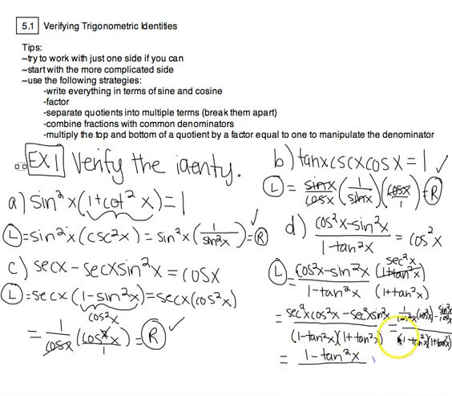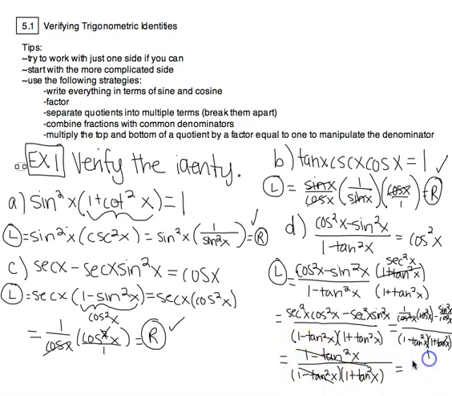So that top, when I multiplied by the secant squared, actually gave me 1 minus tangent squared, which is extremely helpful because that cancels with the 1 minus tangent squared that's in my denominator. So this and this cancel out.